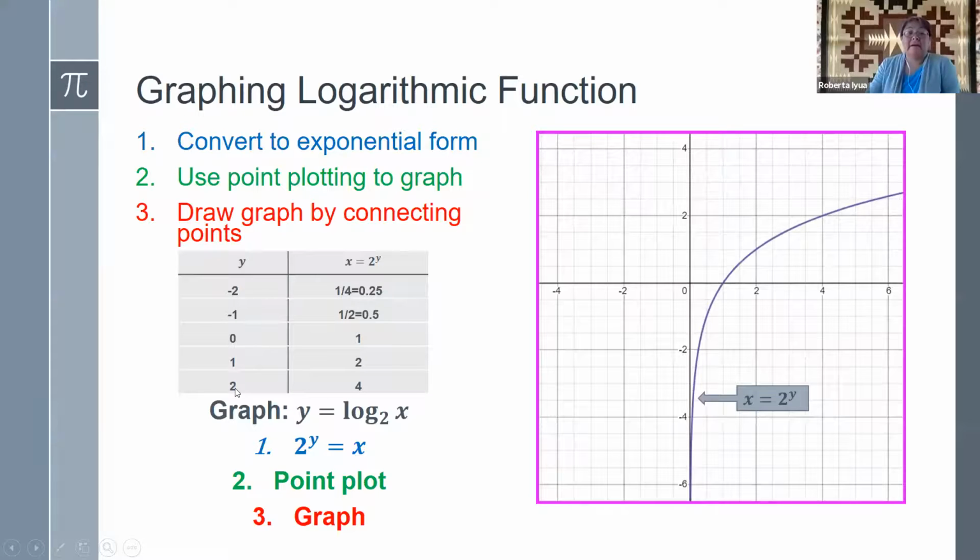So you're going to have a y column, and then your x equals 2 raised to the y. Choose about 5 points. You substitute them in for y, and you solve for x. So here's the graph of the function.